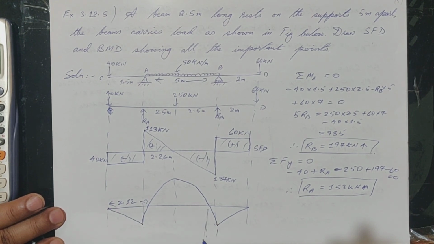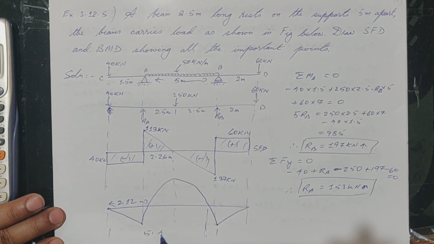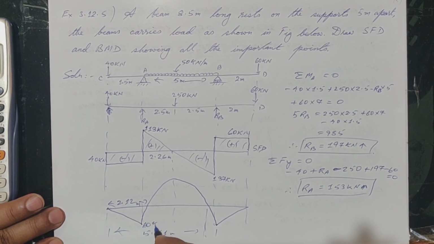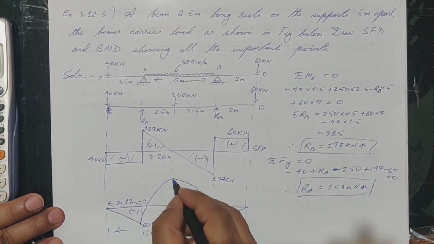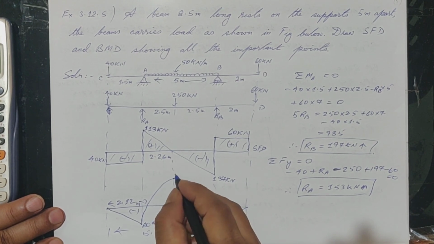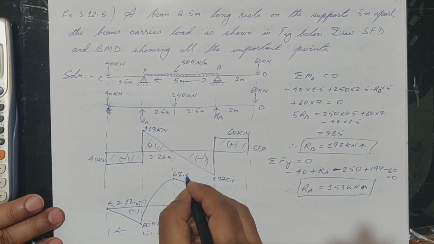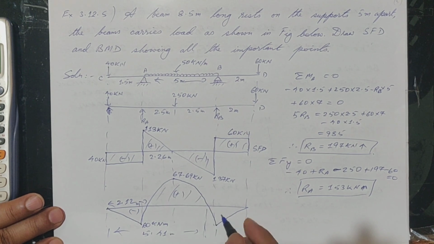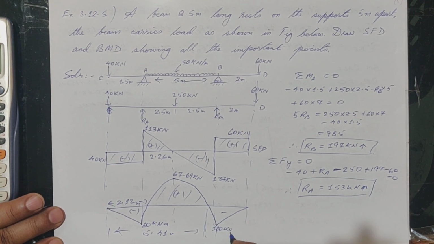Another point of contraflexure, that is this distance, is 5.41 meters. This is 60 kilonewton meter. This is negative, and this is the highest point where SF is 0, so 67.69 kilonewton meter. This is the positive part, and this is negative. The lowest point is 120 kilonewton meter, and here it is 0. So this is our BMD.